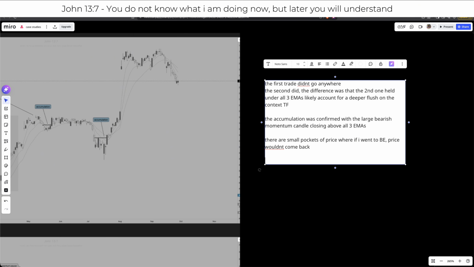So in terms of management, right off the rip, I'm noticing that it holds above the EMAs. So there's no kind of breaking down or anything like that. So if I wanted to trail with the EMAs, or under like a 20 EMA, I would be able to do that.